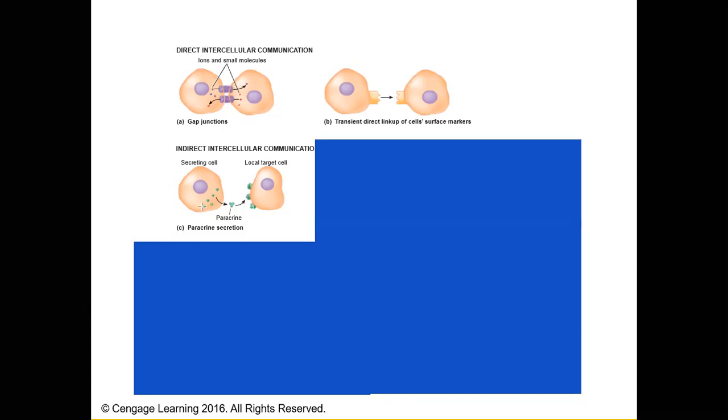So because we have cells talking to the neighboring cells to release the enzyme, in that case it is paracrine signaling.